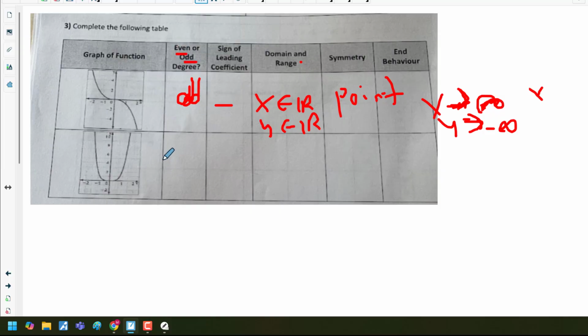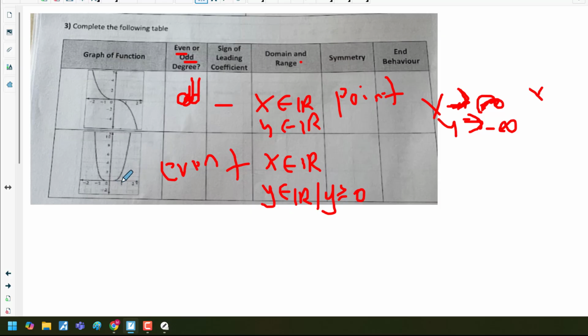Even or odd? Even, yes. Greater than or equal to 0, and that's y, just so you know.